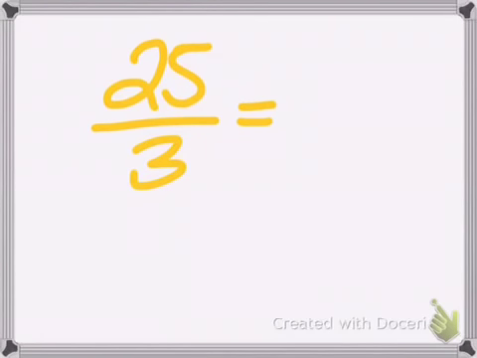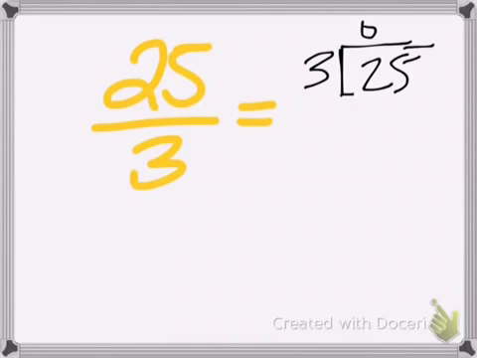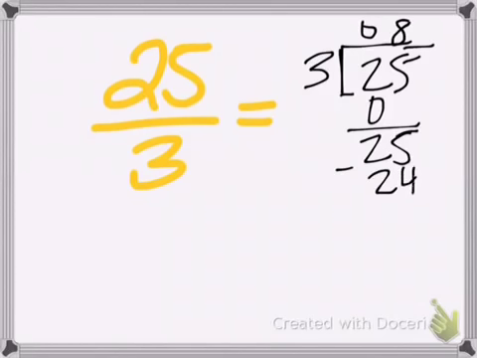So 25 divided by 3. Same steps. I'm going to divide my denominator into my numerator, or my numerator is my dividend and the denominator is my divisor. So 25 is going to go in the house. 3 goes on the outside. Now it's just long division, how we learned last week. 3 goes into 25 8 times. So that's 24. I have a remainder.